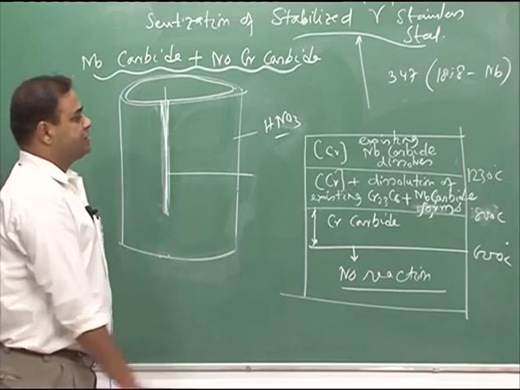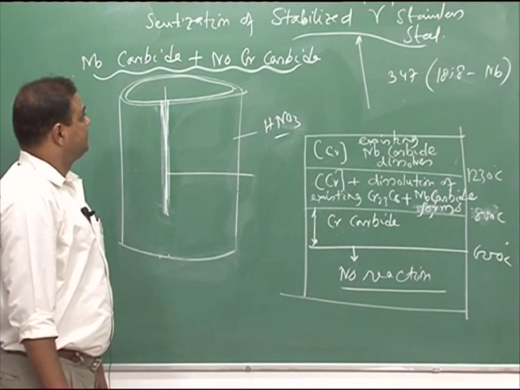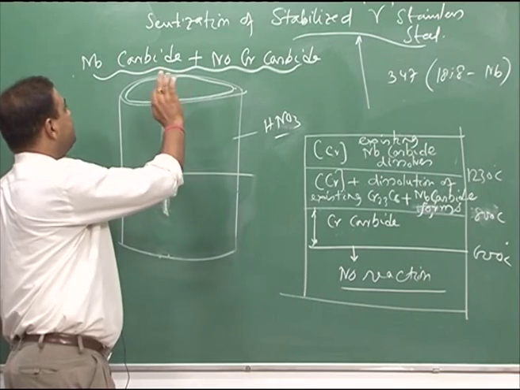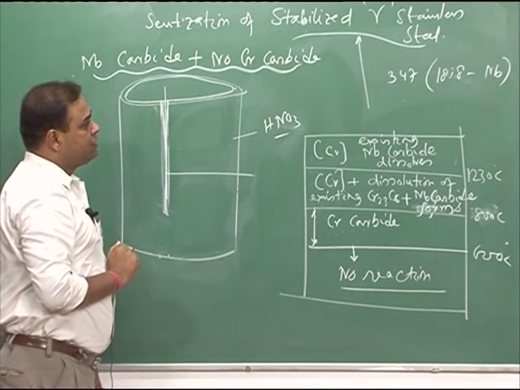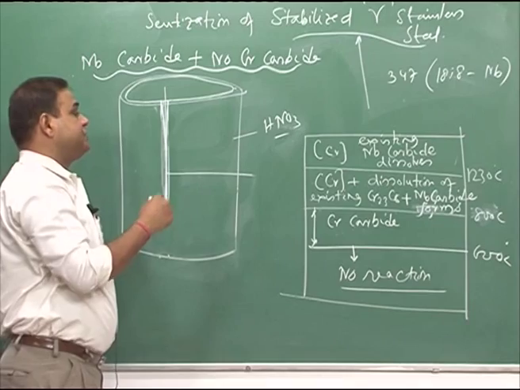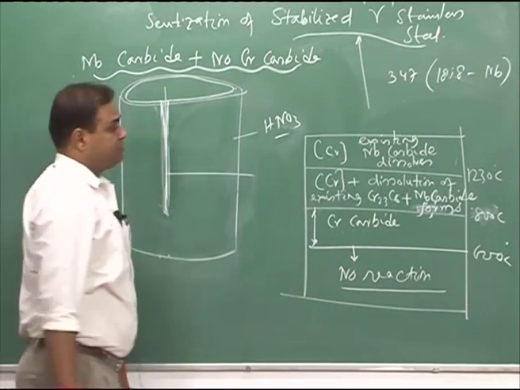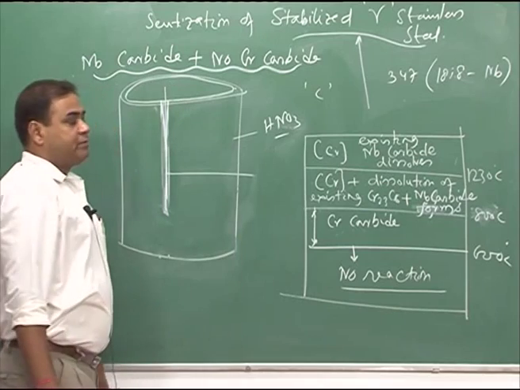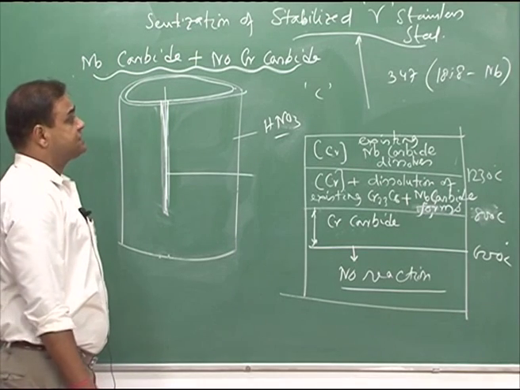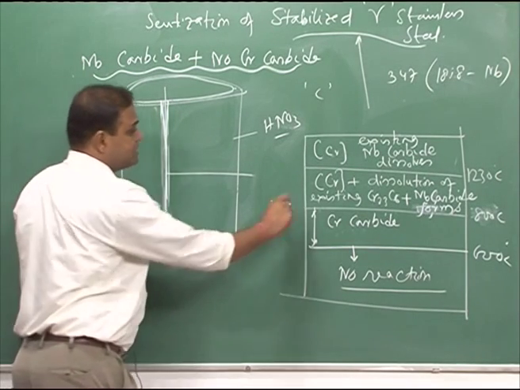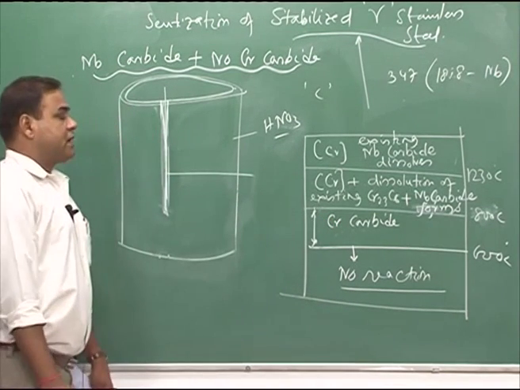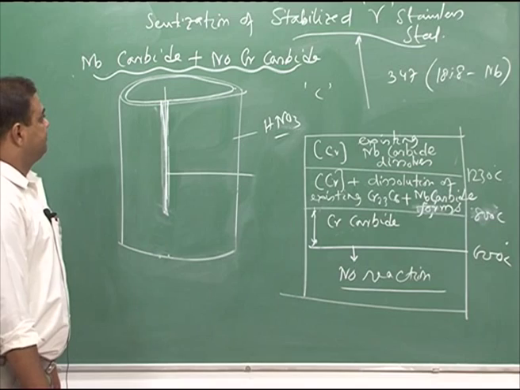So, everything would be in the dissolved condition. Whatever advantage we had due to the formation of niobium carbide would not be there, since everything has gone into solution. So, the carbon is available for chromium carbide formation, but of course, the steel has to go through these temperature zones where we have the possibility of chromium carbide formation.